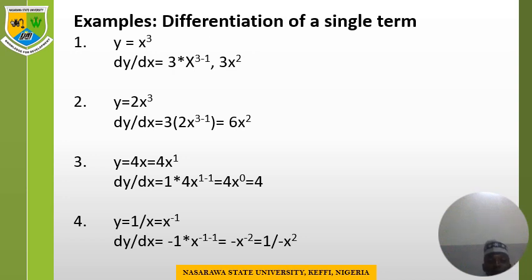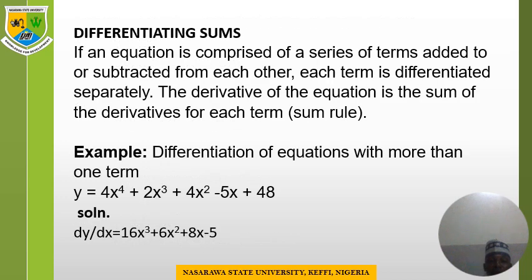After understanding the differentiation of a single term, we have to look at differentiation of a sum, where you are given many terms with indices, with different signs, minus sign, plus sign.